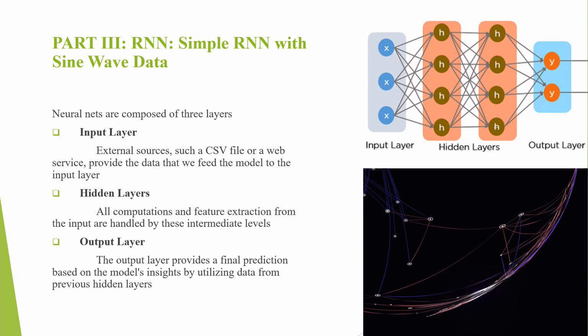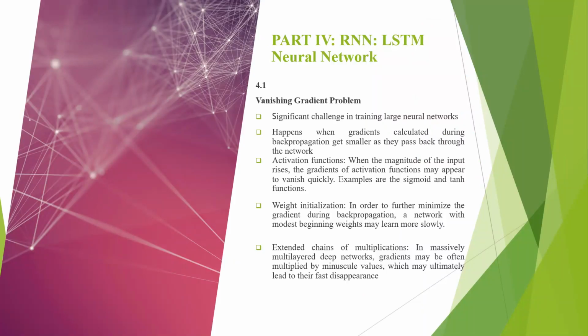Next, LSTM for neural network. In this, we have two problems to discuss: vanishing gradient problem and exploding gradient problem. A significant challenge in training large neural networks, particularly those with several layers, is the vanishing gradient problem.